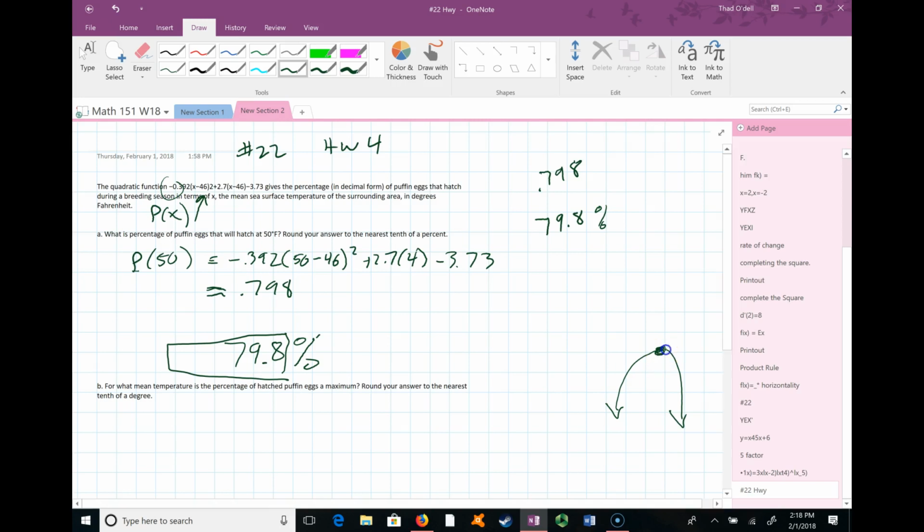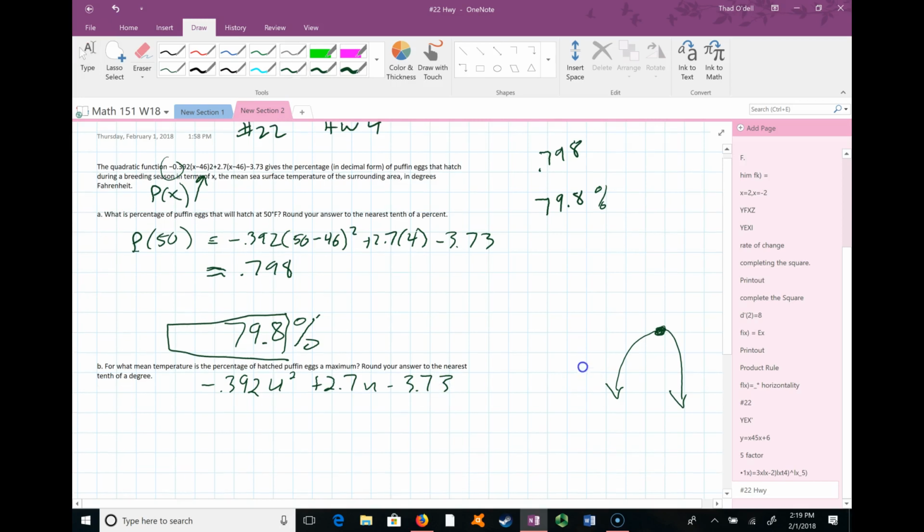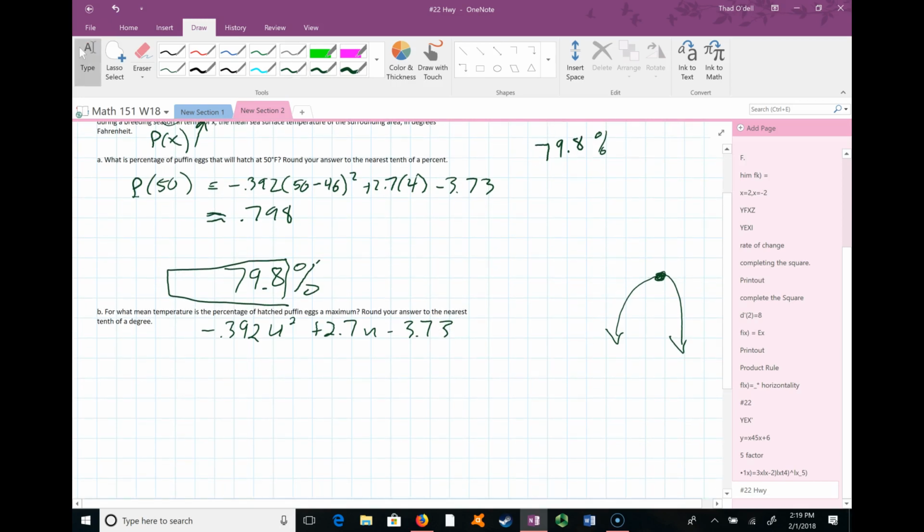All we need to do is find the vertex of the parabola. Because this has a weird situation here, I'm going to rewrite this as negative 0.392 times u squared plus 2.7 u minus 3.773, replacing x minus 46 with u. I don't need the parentheses anymore. Then I'm going to find the vertex of this parabola in terms of u.